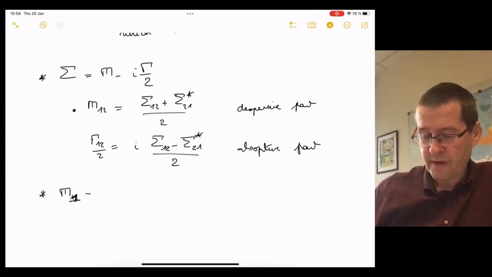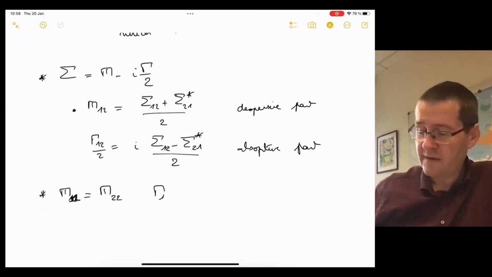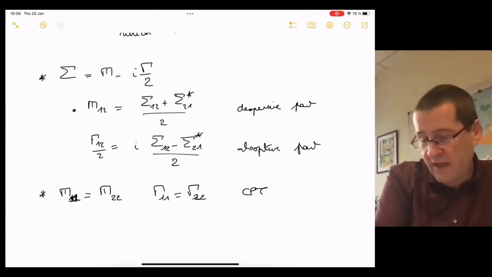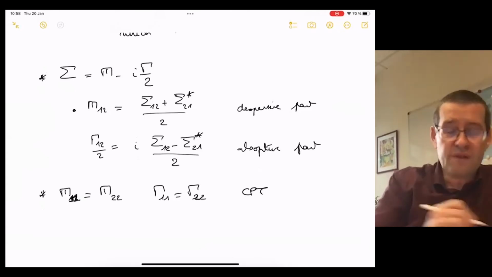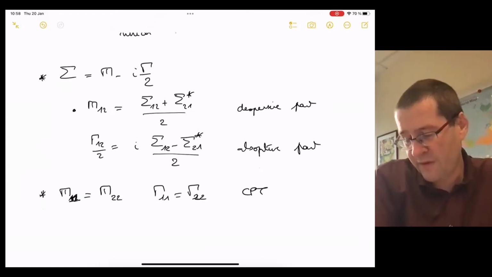Okay, I'm not going to spend too much time on properties of this, but you do have a few properties for this matrix that are important. Actually, you can show that we're breaking CP, we are not breaking CPT. The CPT theorem is sufficiently important for us not to have troubles with it.